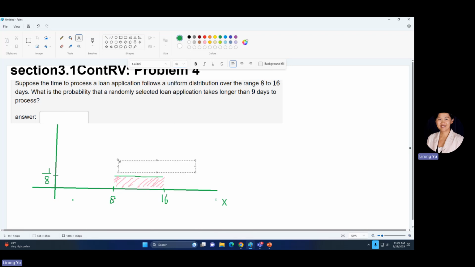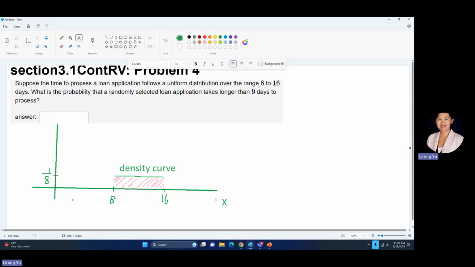So we're using this as an example to get familiar with the term and notation. The term, the density function. The graph here is called the density curve, and the probability below the curve, the shaded area, is probability equal to 1. Now the question says we want to find the probability that X, the waiting days, is longer than 9.